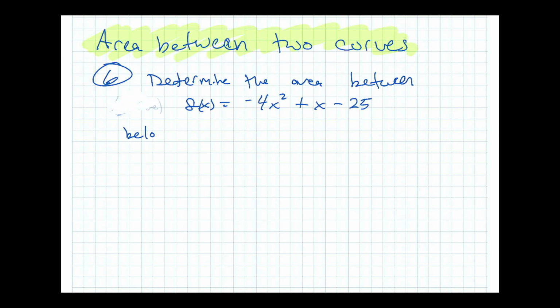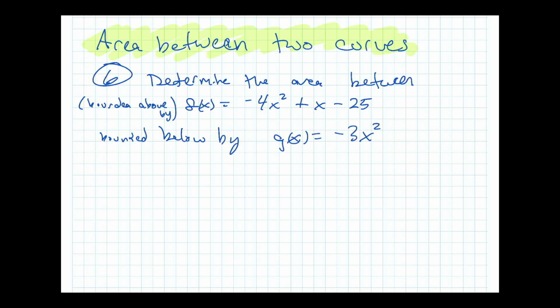I wrote that wrong. Bounded above by this, and then bounded below by g of x equals whatever it is, negative 3x squared plus 17x plus 38.